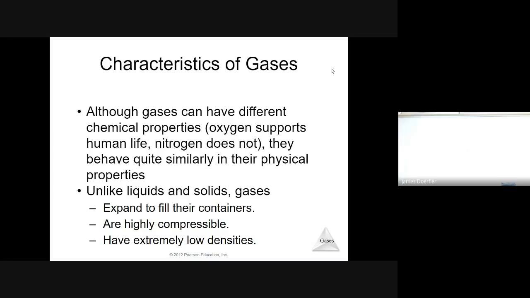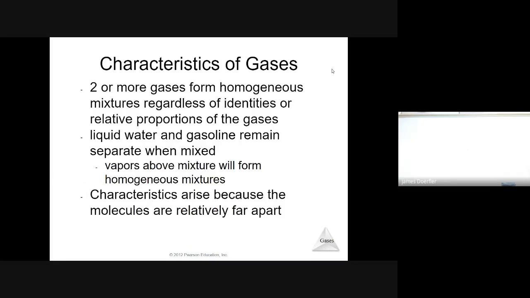Now, gases and liquids are both considered fluids. However, there are differences between them. And when we say fluids, that just means that the molecules can move around each other. And so gases expand to fill their containers, are highly compressible, and have extremely low densities, because the volume that they make up compared to their mass results in their densities being very tiny.